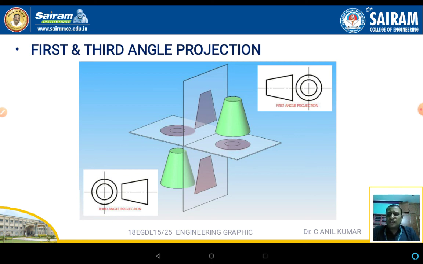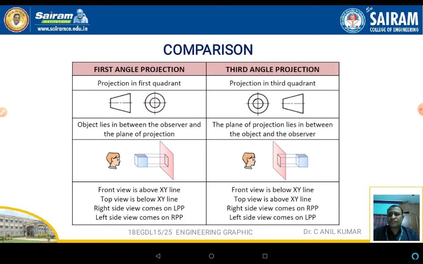But if you consider the other two, the second quadrant and the fourth quadrant, both HP and VP, the top view and front view lie on the same side. It is very difficult to identify which one is the top view and which one is the front view. For that reason, we refer only to the first angle projection and the third angle projection. But now what we are discussing is the first angle projection only.